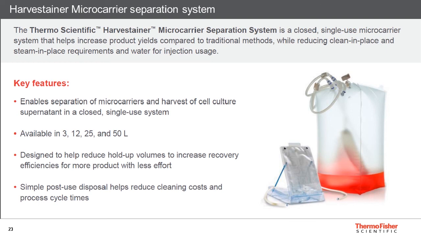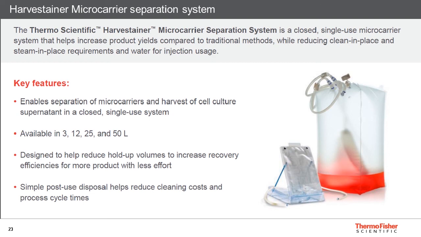Then everything was moved into the Harvestainer. It's a bag inside a bag, and the inner bag has a mesh which will stop the carriers and let the cells and the media go through. So we were able to separate everything in a very efficient way, and move the cells and the media to the next step of the process.